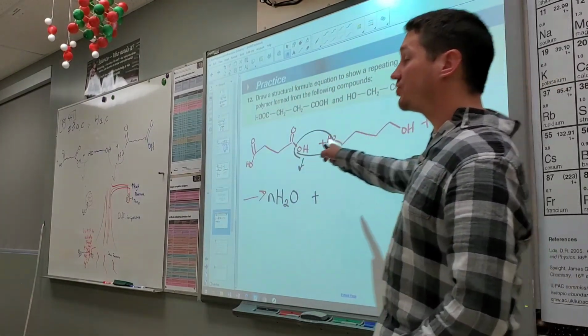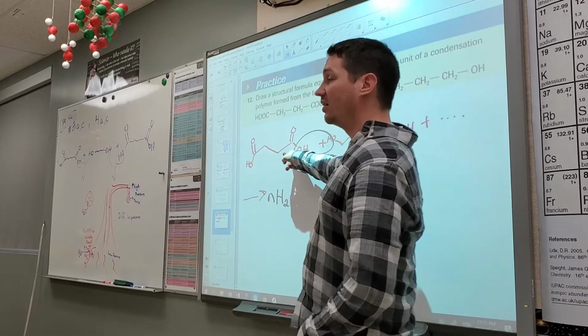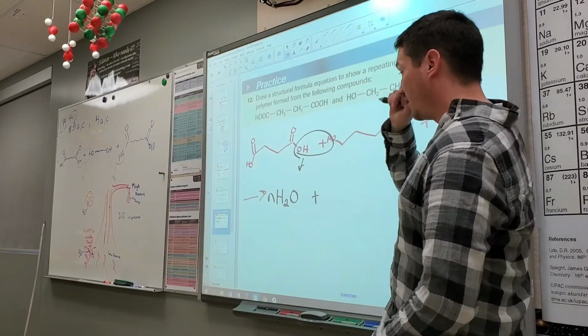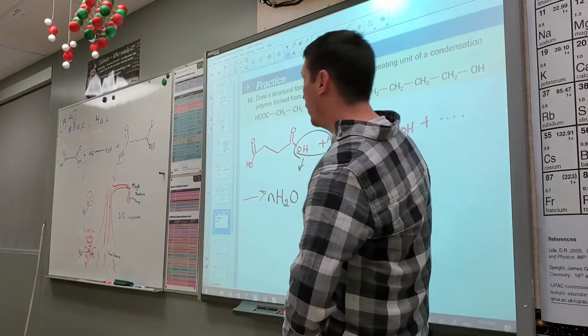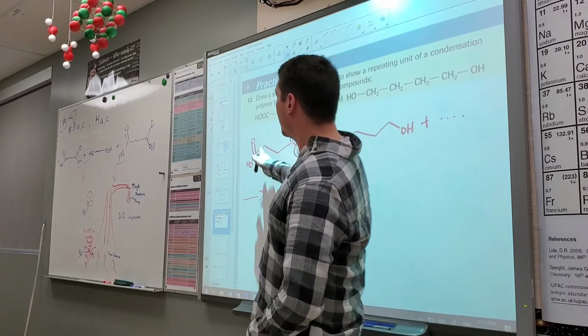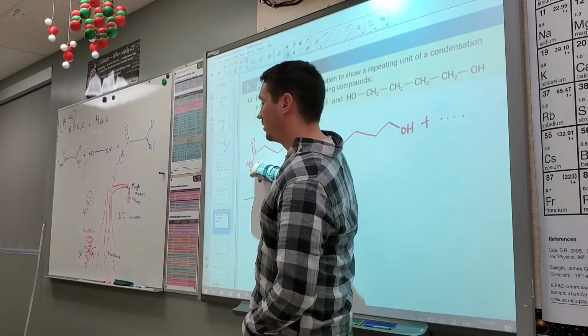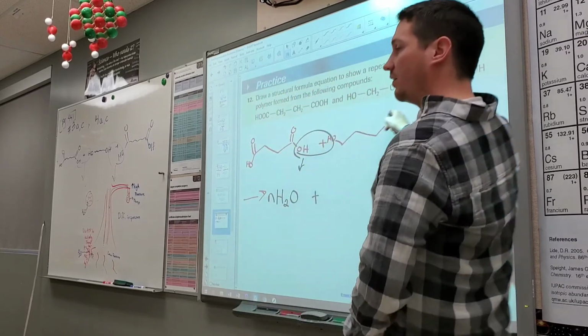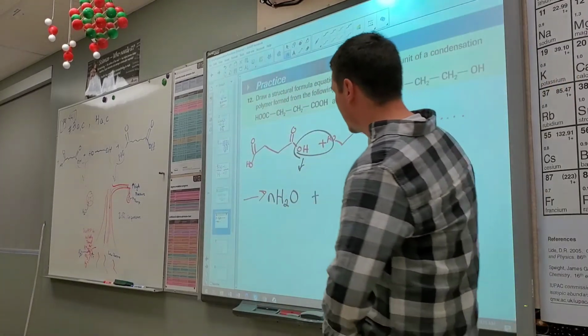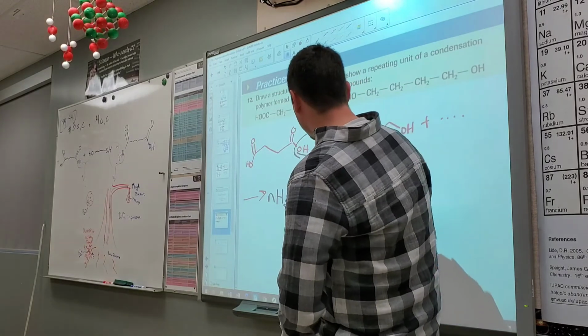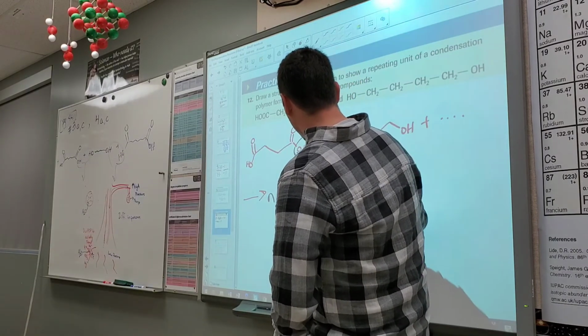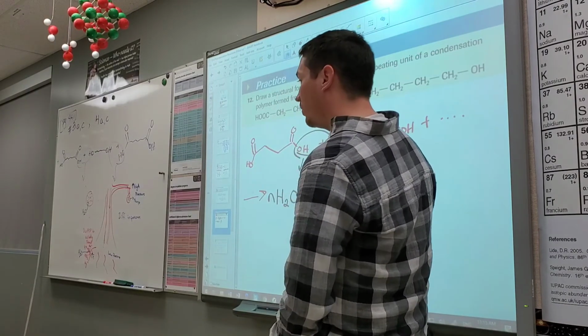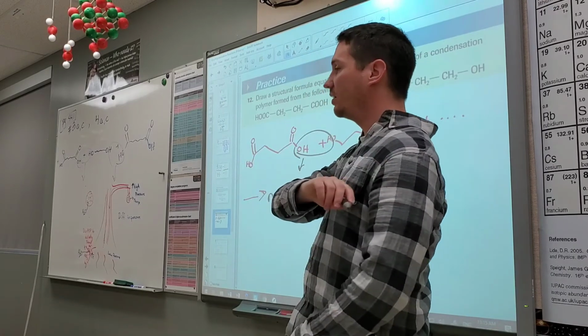What's my new structure going to look like? Remember this side at the beginning, does this side react as well? If we're going to get a whole string of 1,000 of these, is this side going to react as well? So on the one side, you're going to get that O, and it's bonded to something, right?